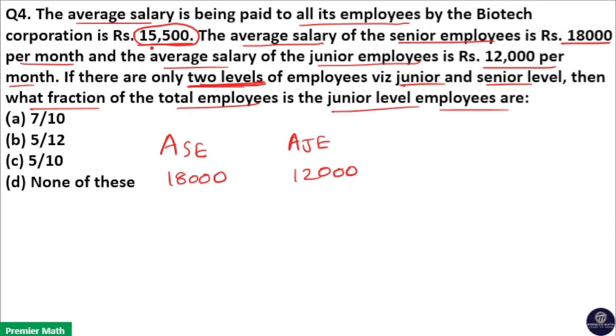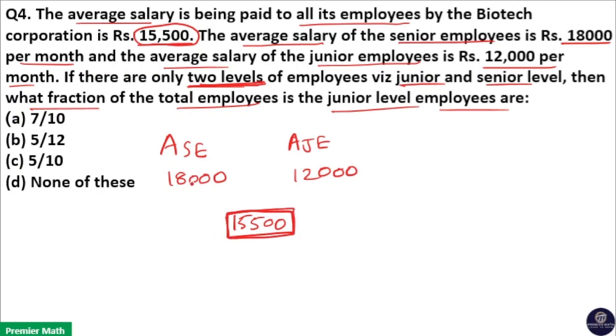So here the average salary of total employees is 15,500 and this will be between the average salary of senior employees and junior employees. So allegation is the best method here. Now this is the average salary of total employees.